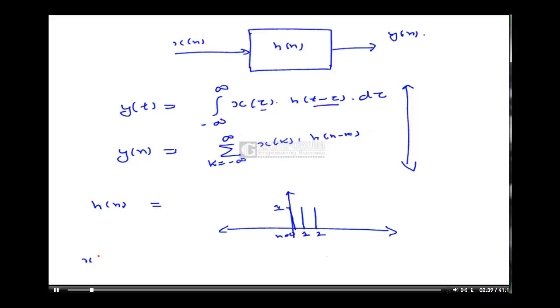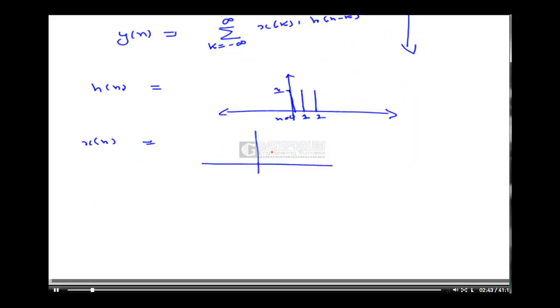And in case an input comes, I'll take a very simple example. Input is starting at n equal to 1. Input x(n) is 0 at n equal to 0, and only the points 1 and 2 are there. At n equal to 1 it is 1, at n equal to 2 it is 2.